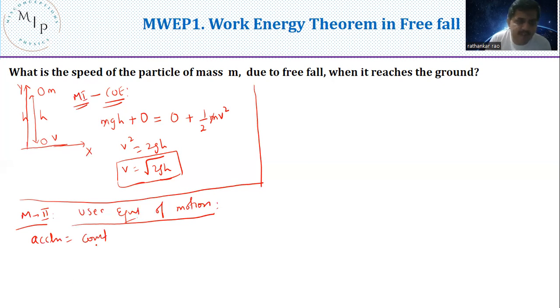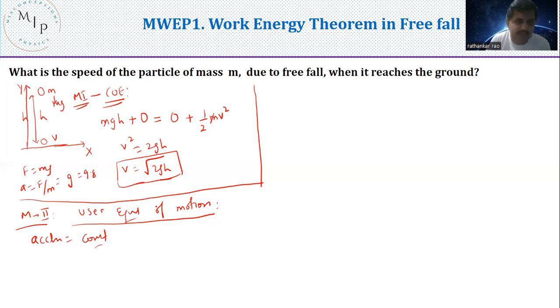The moment you leave your fingers, the only force that acts on it is mg, the gravity, the weight. So if I write F equal to mg, then the acceleration is F by m, which is equal to g, which is your 9.8, a constant.